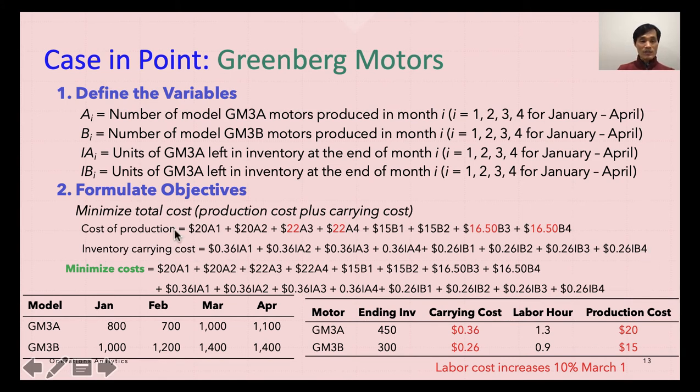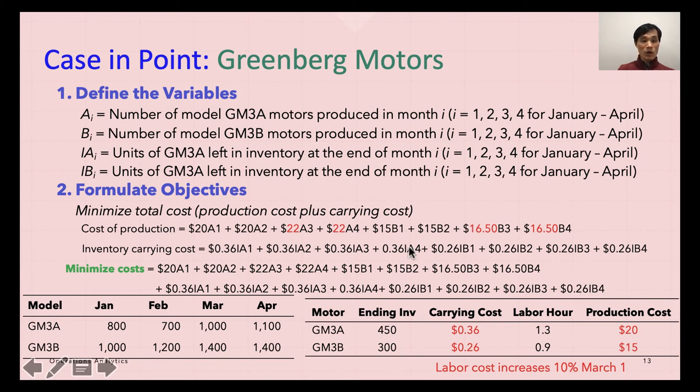So if you combine this together, then this is your objective, minimize cost. So 20A1 plus and so forth, plus the inventory cost: 0.36A1, 0.36A2, and so forth, and 0.36 IB4.